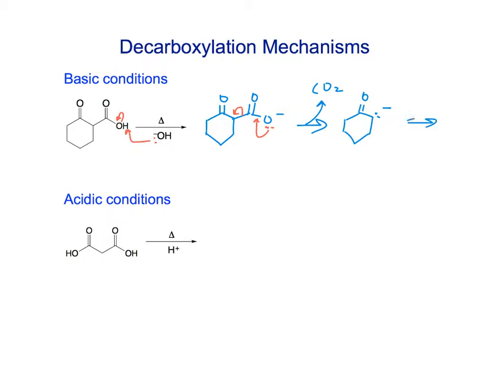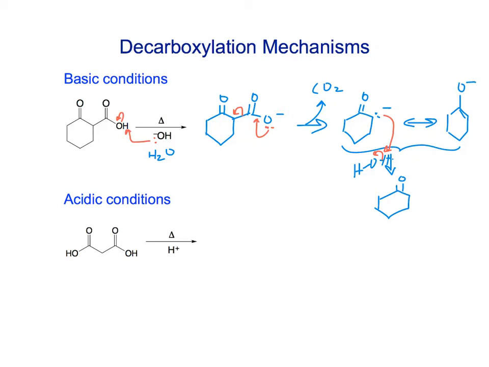Remember, this is in resonance with this structure here. And if we have this in base, it's also going to be in water, and then one of these is going to react with water. We can draw it with either one of them, but let's just use this. It's going to pull off a proton from water, reform hydroxide, and form cyclohexanone.